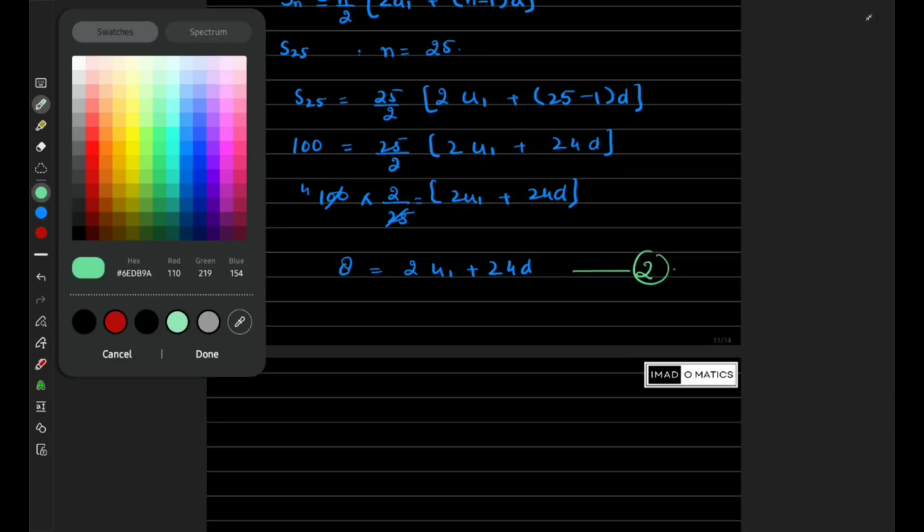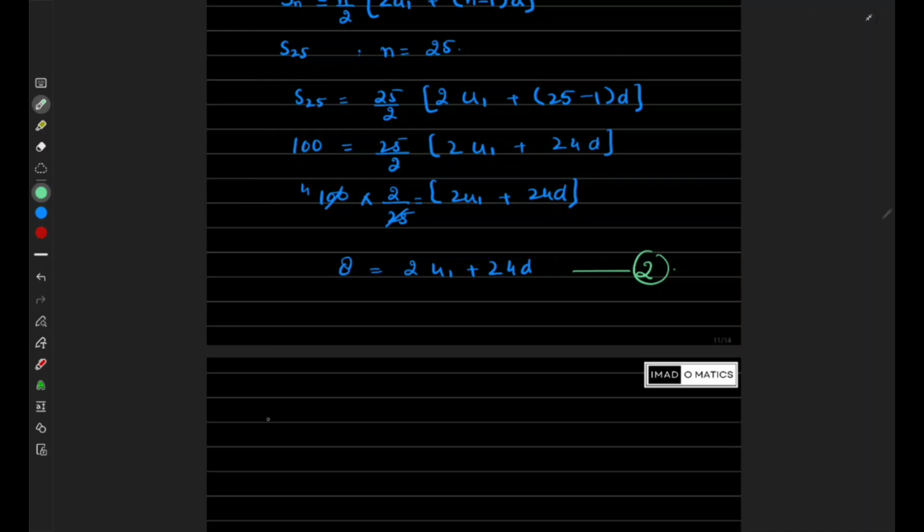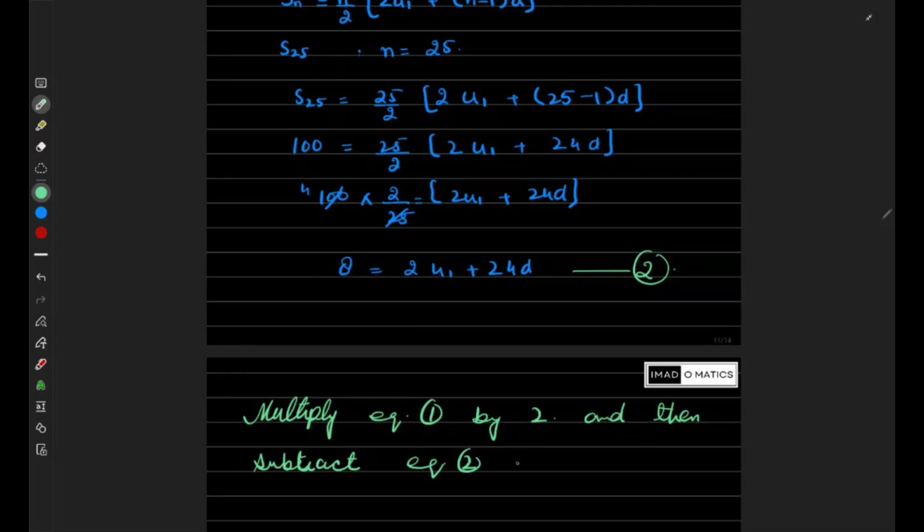Now we multiply equation number 1 by 2 and then subtract equation 2 from equation 1.